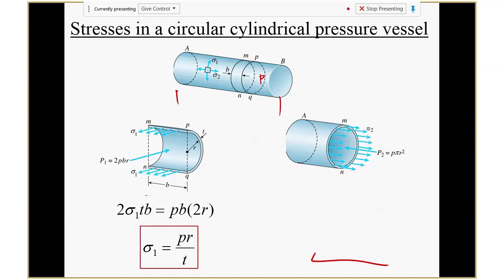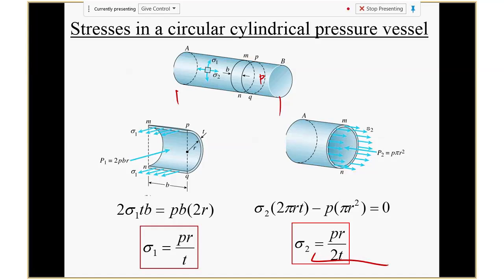These two should be equal. With that, you get this equation in the longitudinal direction, and it happens to be the same equation as for a spherical shape. So we still end up with 2 equations, no more.